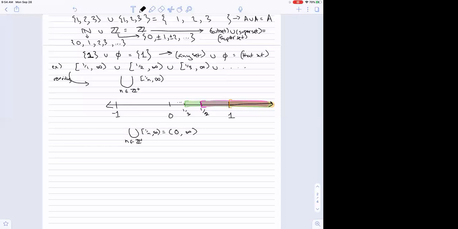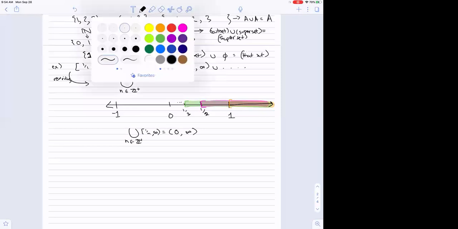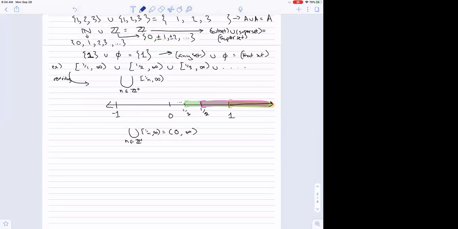I just want to say one thing: it's interesting that here we had closed intervals, or half closed intervals, and here we have an open interval.